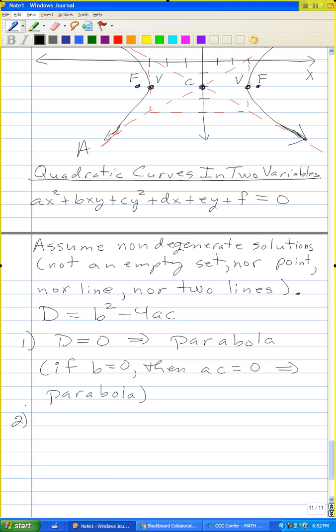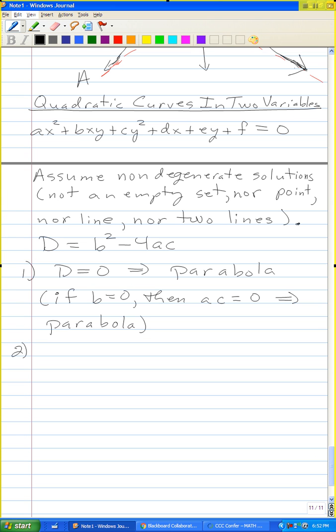Next, let's look at the case that the discriminant here is greater than 0. In that case, we have a hyperbola. Now let's consider the case where again b is 0.